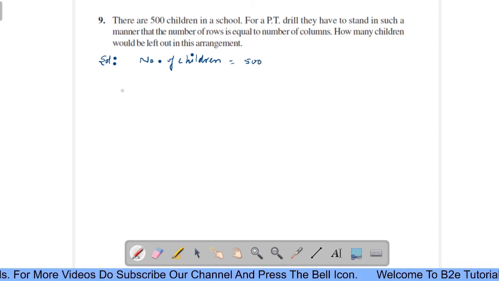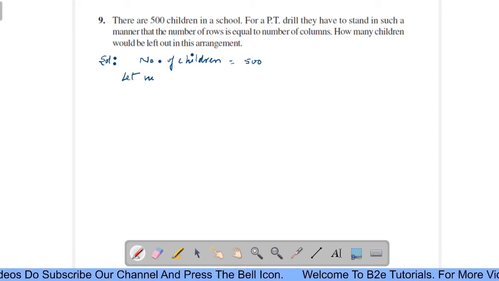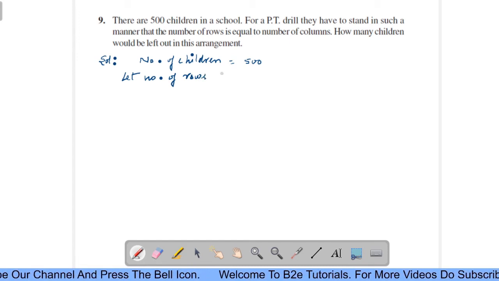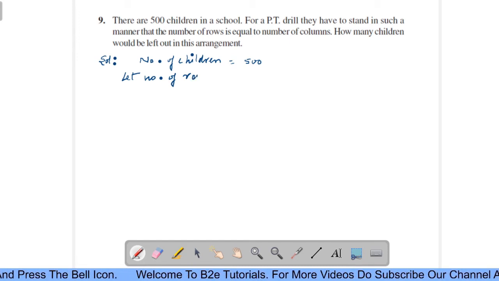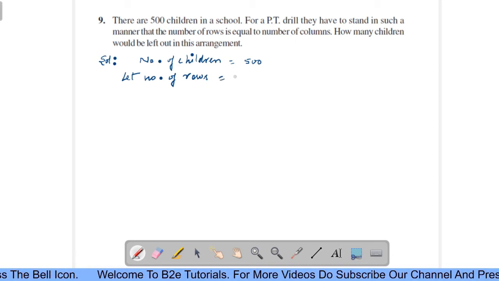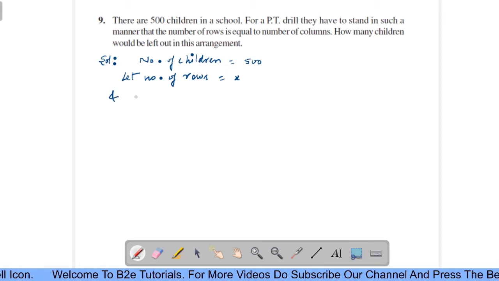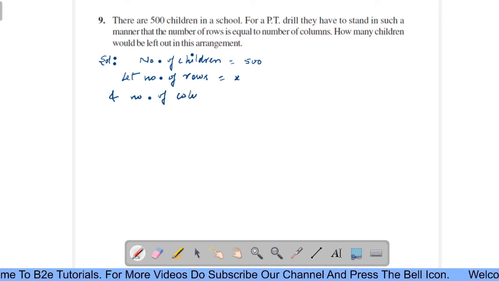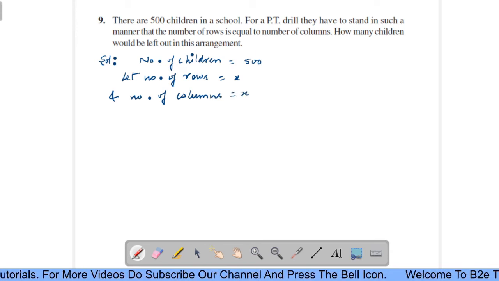Let number of rows equal x, and number of columns equal x.